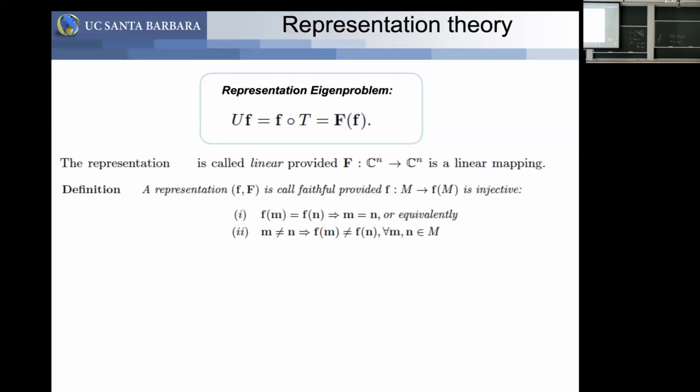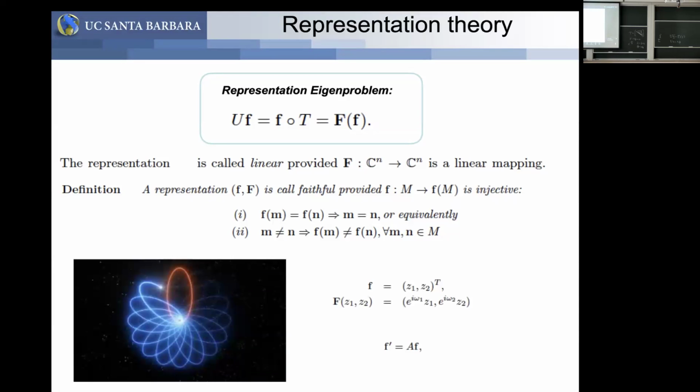But you can have a nonlinear representation. So you could find potentially a finite set of nonlinear functions that give you that. Now, is the representation always faithful? Do two points on the state space map into your representation? Of course not, but you can require it to be faithful.